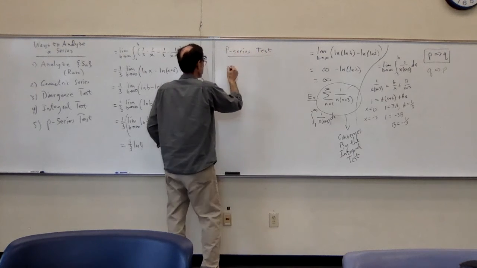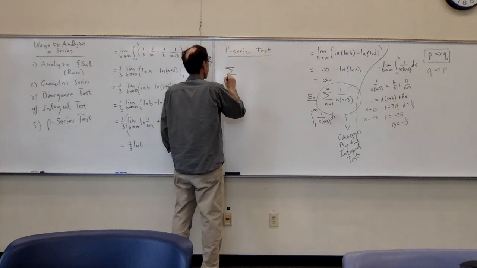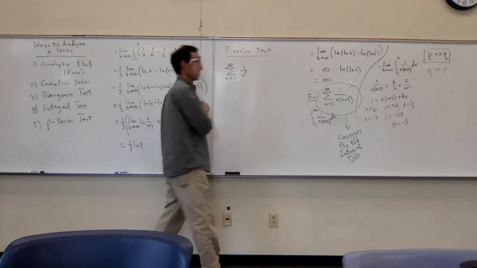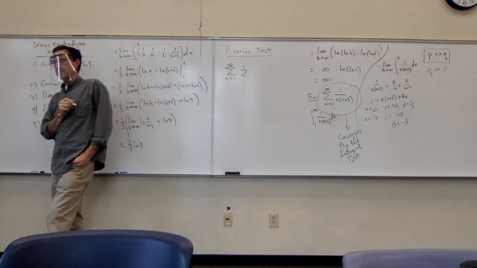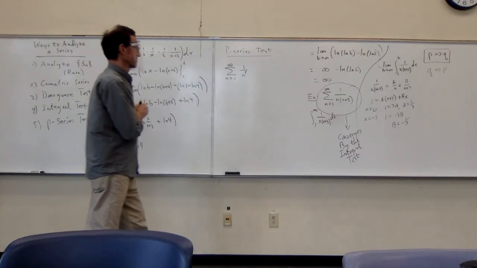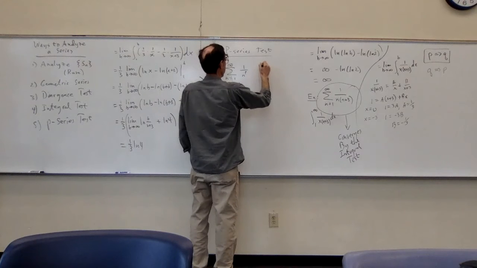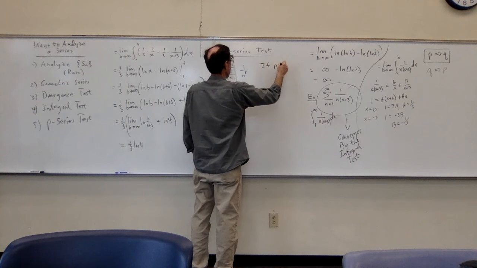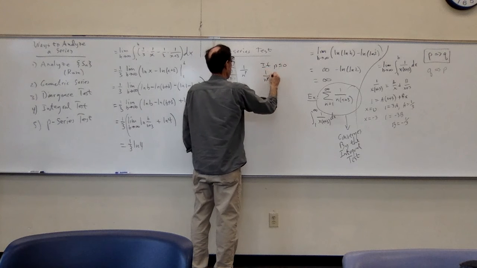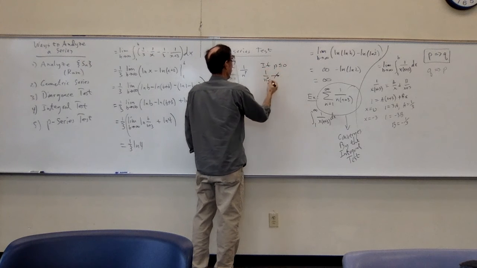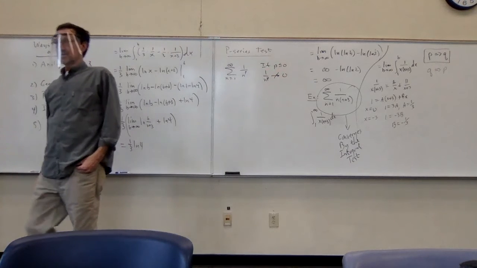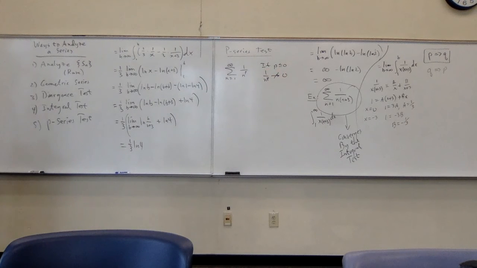It's this series: the sum from N equals 1 of 1 over N to the P. If P is less than or equal to 0, 1 over N to the P does not go to 0, so it diverges by the divergence test.